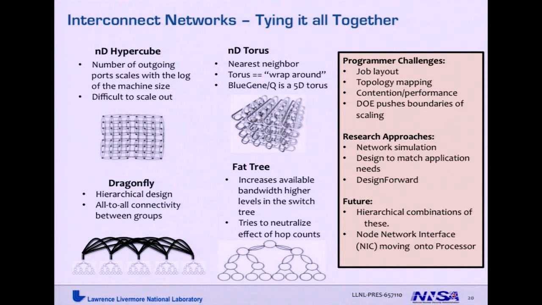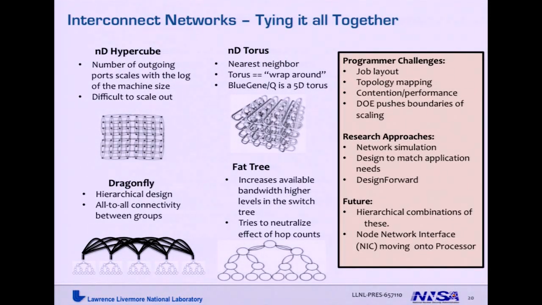Without going into details, it's just a way of laying out the switches in the network so that you can minimize the amount of time it takes any two processors to communicate with each other. The idea of a hypercube is that the number of hops that a message has to take to get from any one processor to another scales logarithmically with the number of nodes in the machine. But it's difficult to scale that architecture out, and I'll talk about what I mean by scaling in a minute.